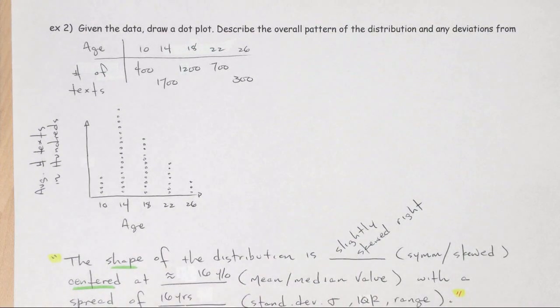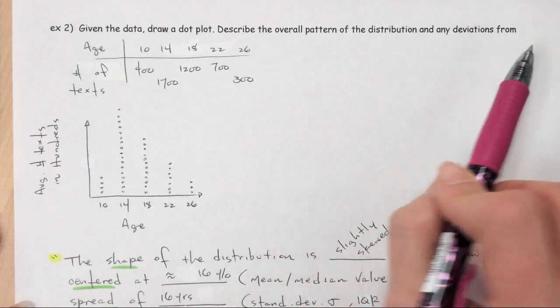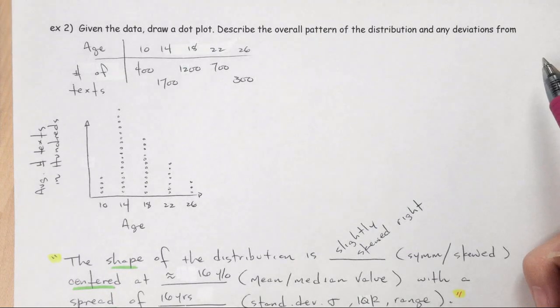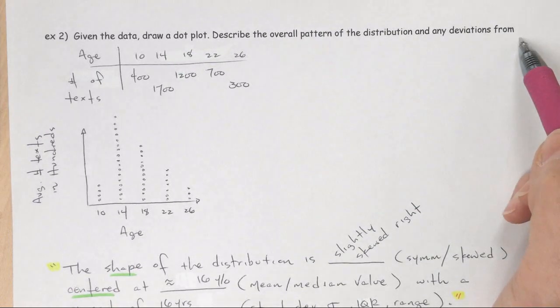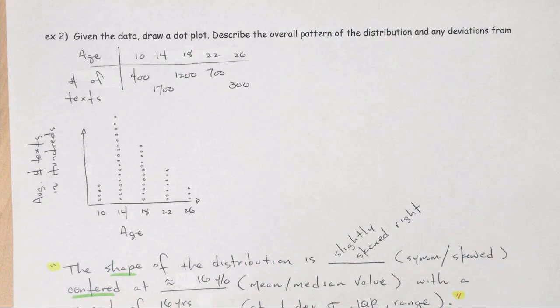And then example 2, given the data, draw a dot plot. Describe the overall pattern of the distribution and any deviations from the overall pattern, I guess.